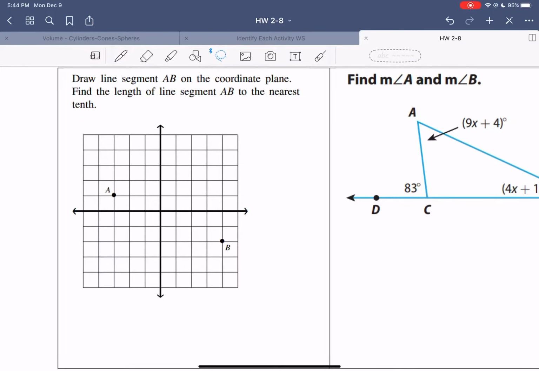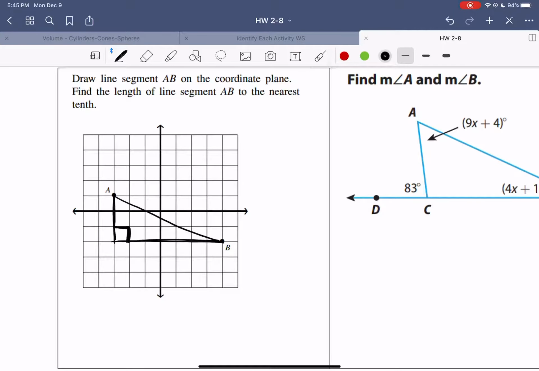Okay, it says draw a line segment AB on a coordinate plane. Find the length of segment AB to the nearest tenth. So we have a line right here, and we haven't learned how to find the distance between 2 points, but what we have learned is that when we have a graph, we can create a right triangle.